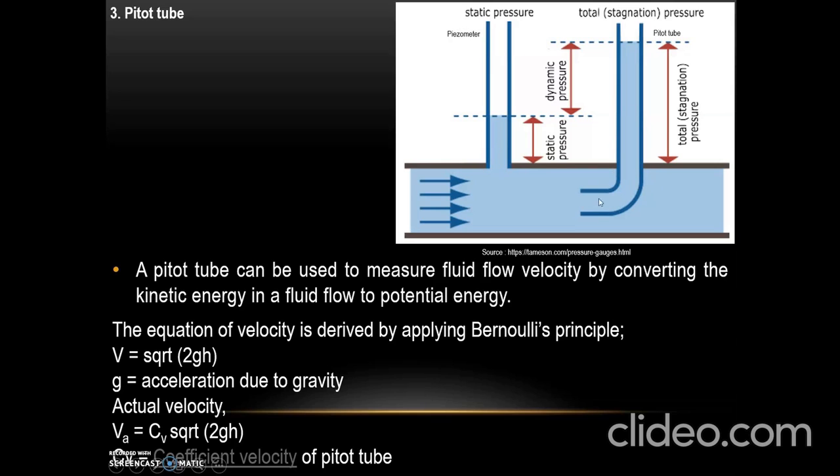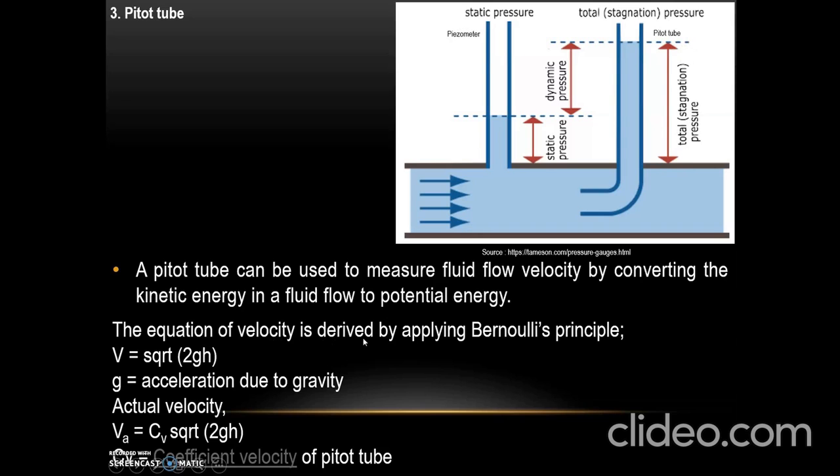Whereas the pitot tube is inserted into the pipe, and this will measure both static pressure and dynamic pressure. So the total pressure, that is stagnation pressure, is measured using the pitot tube.